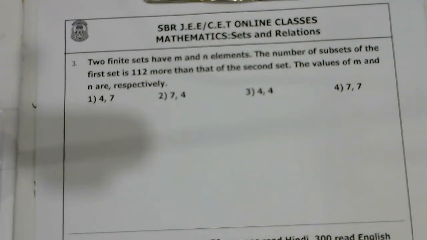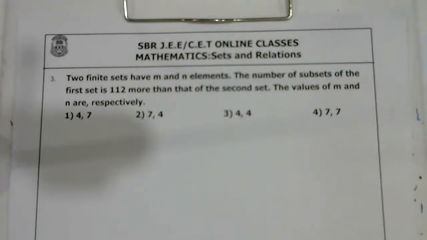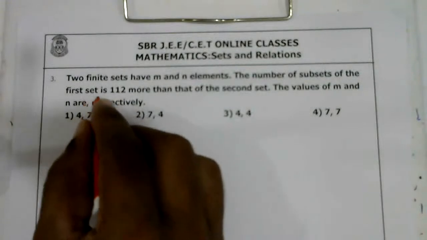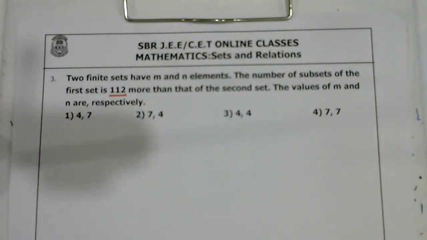One more simple question for you. Two finite sets have m and n elements. The number of subsets of the first set is 112 more than that of the second set. The values of m and n are?